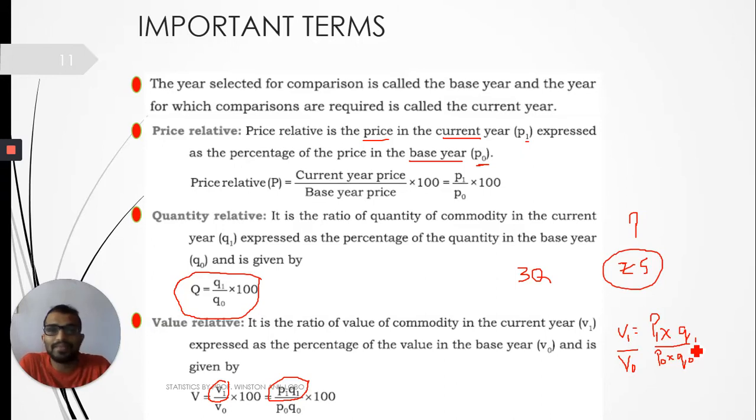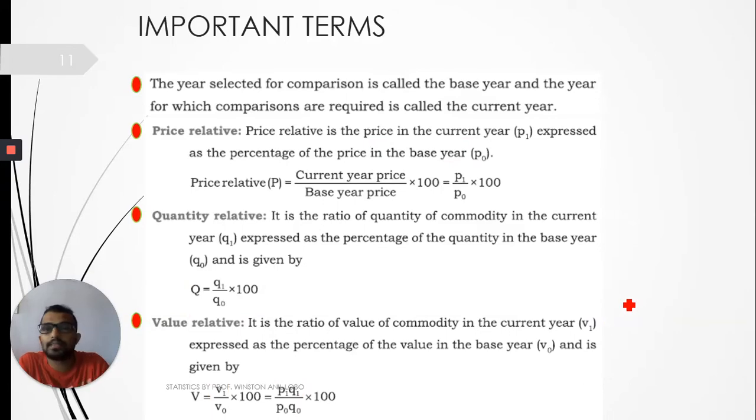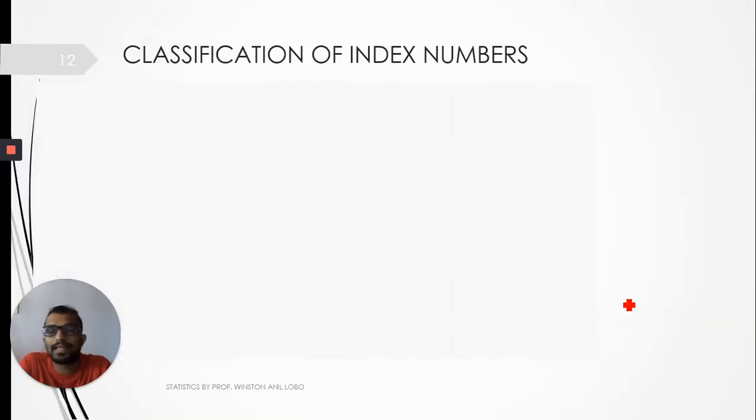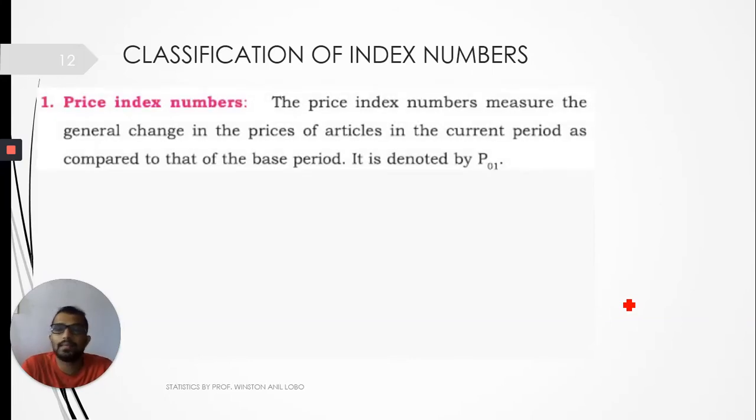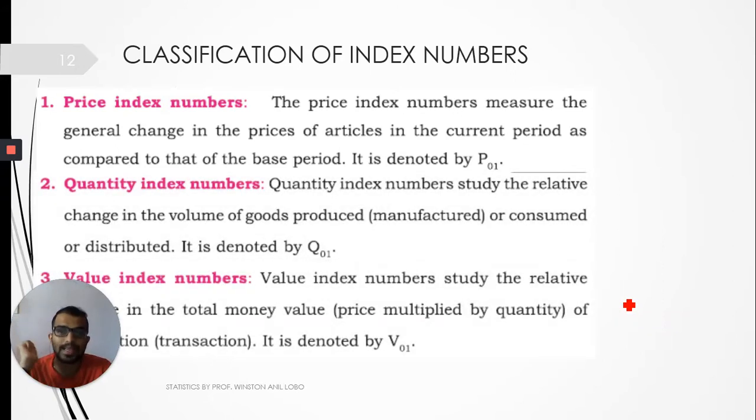Okay, but we will move further. Let me remove all these things on the screen and move to the next one. Classification of index numbers. How are index numbers classified? Index numbers are of three types, which we saw just now: price index number, quantity index number, and value index number. What you need to remember: the price index number is denoted by P01.